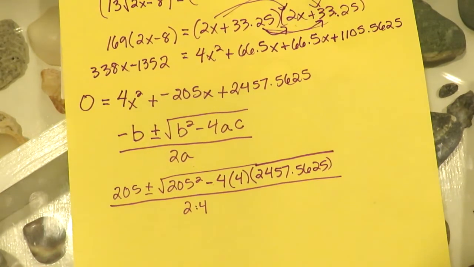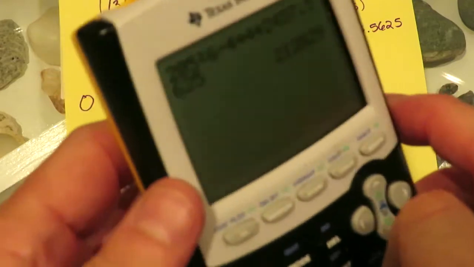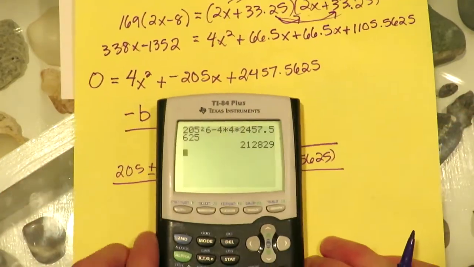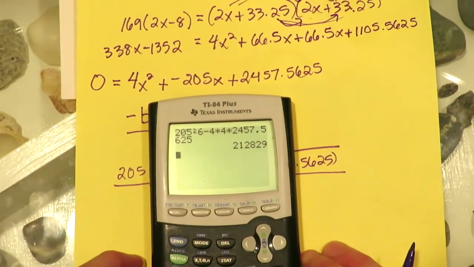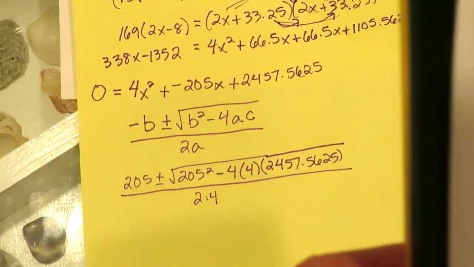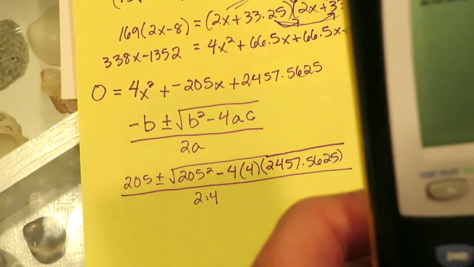That looks pretty bad, but I feel like if we clean up that discriminant, it's actually going to look better than it does at the moment. Okay, so here I took the 205 squared. Oops, there's an extra 6 in it for some reason.